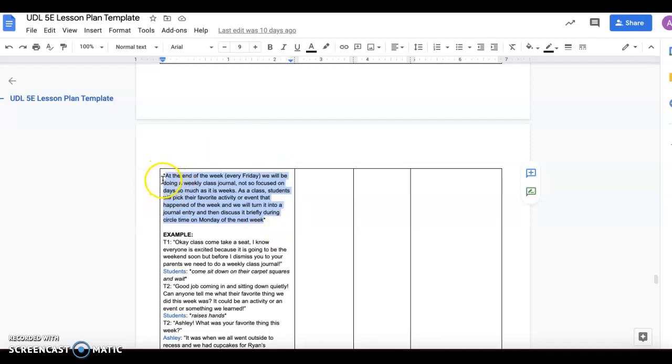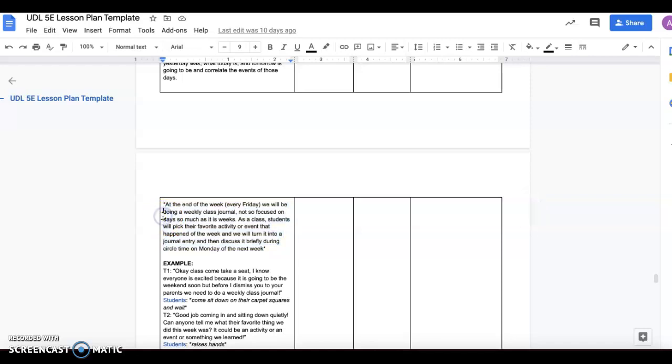This class journal is at the end of the week. Every Friday, we will be doing a weekly class journal, not so focused on days so much as it is weeks. As the class, students will pick their favorite activity or event that happened during that week and we'll turn it into a journal entry and then discuss it briefly during circle time on Monday of the next week.